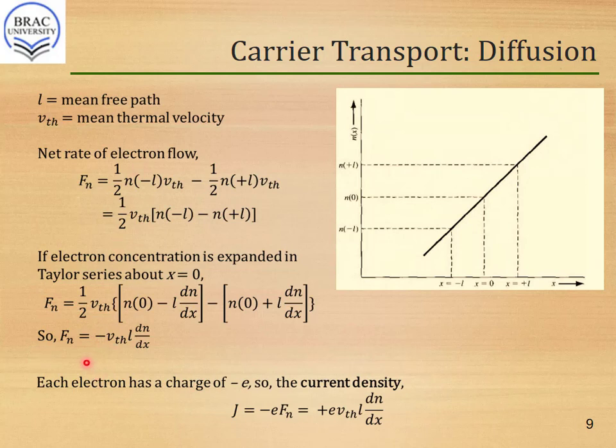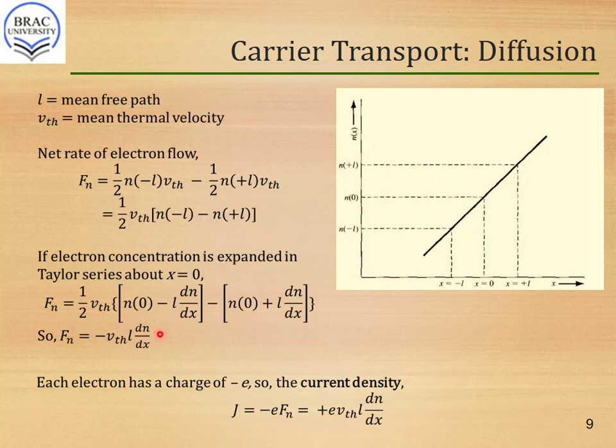And if one electron has a charge of minus E, then if we multiply this whole thing with minus E, we will get the rate of flow of charge. So current density is nothing but this term multiplied by minus E. So current density J is equal to minus E multiplied by Fn.